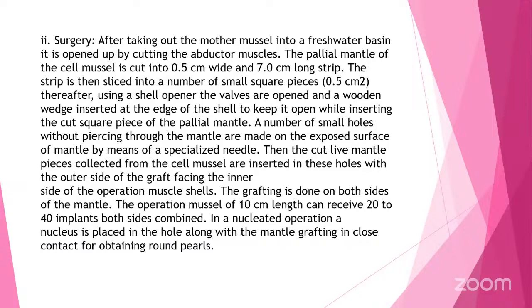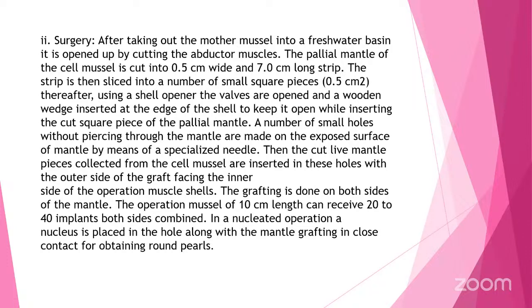A number of small holes without piercing through the mantle are made on the exposed surface of mantle by means of a specialized needle. Then the cut live mantle pieces collected from the cell mussel are inserted in these holes, with the outer side of the graft facing the inner side of the operation mussel shells.